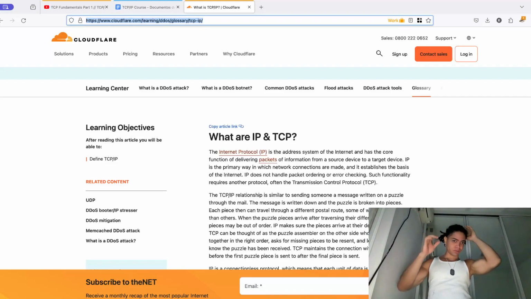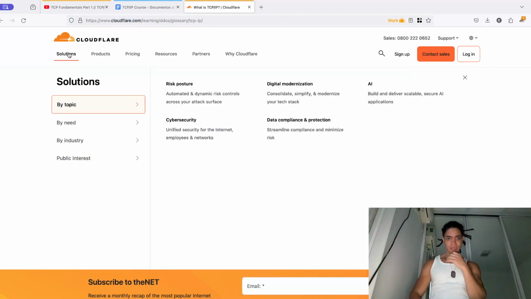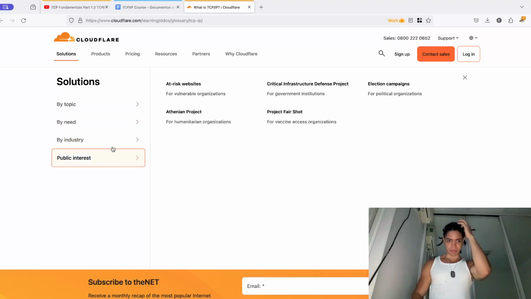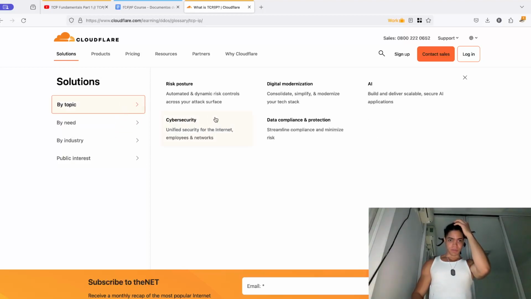for hosting solutions, hosting, edge networking solutions, right? So they have a bunch of solutions here. Topics like risk postures, digitalization, AI, cybersecurity, data compliance.